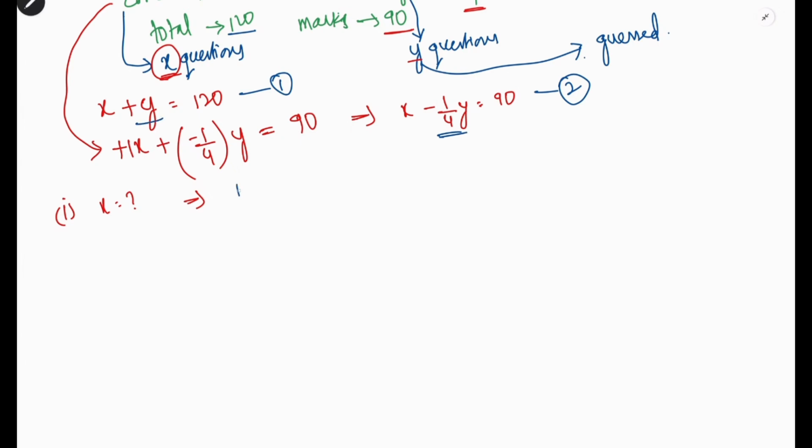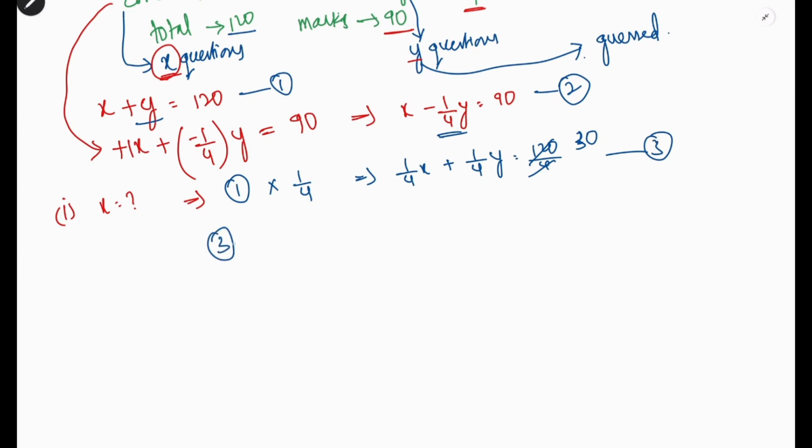So what can we do? In the first equation we will multiply by 1/4. We get 1/4 x plus 1/4 y is equal to 120/4, which is 30. This is the third equation. With this equation we will add the second equation, because here in the signs we have plus and minus.